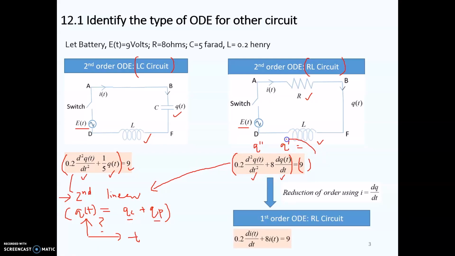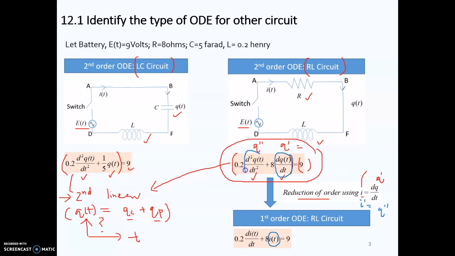There is another alternative to solve this problem, where we can reduce the order by letting I, which is the current, equal to Q prime. So dQ over dt here is equal to I, and then if you differentiate I, you should obtain Q double prime.